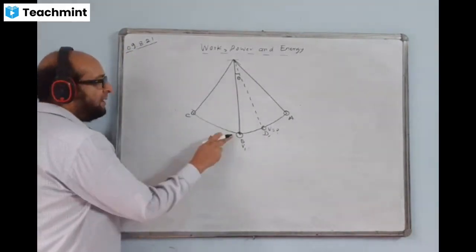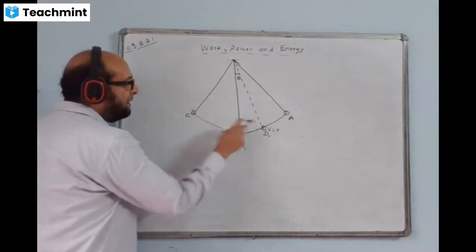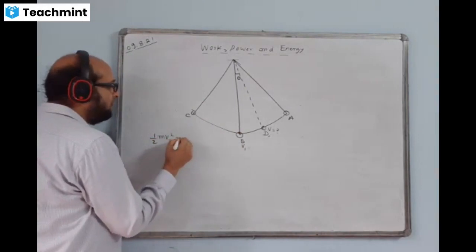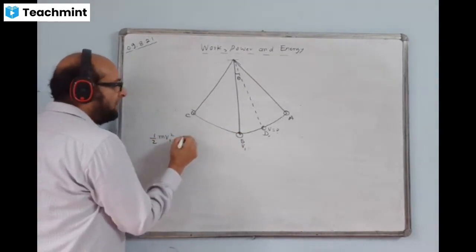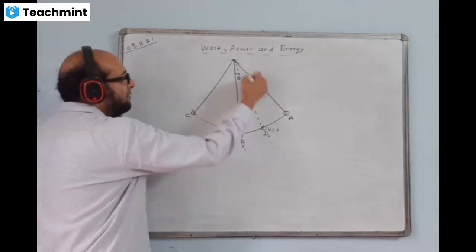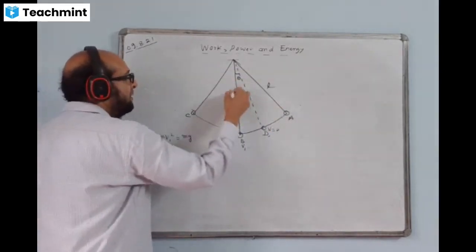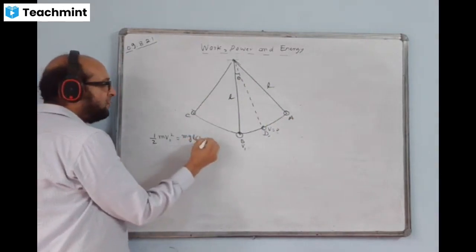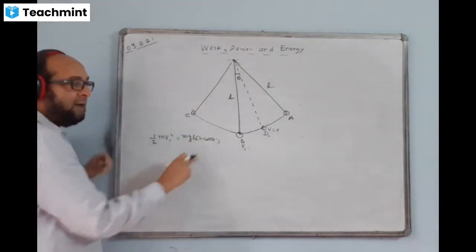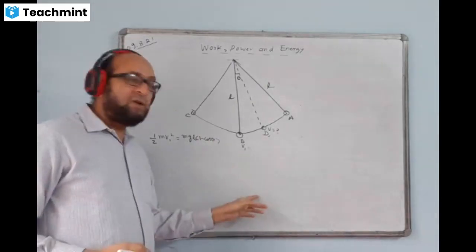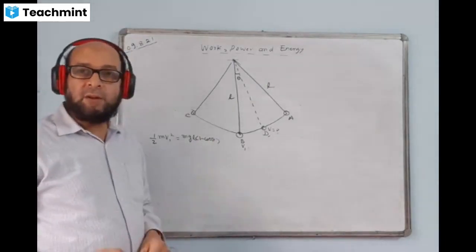Okay. I'll equate the energy at B and the energy at D. You'll write half mv1 square is equal to mg into height. Suppose the length of the string is L. I'll directly write here L bracket 1 minus cos theta. The x value will become L bracket 1 minus cos theta. In the case of the circle, it was the radius, so I wrote R bracket 1 minus cos theta.